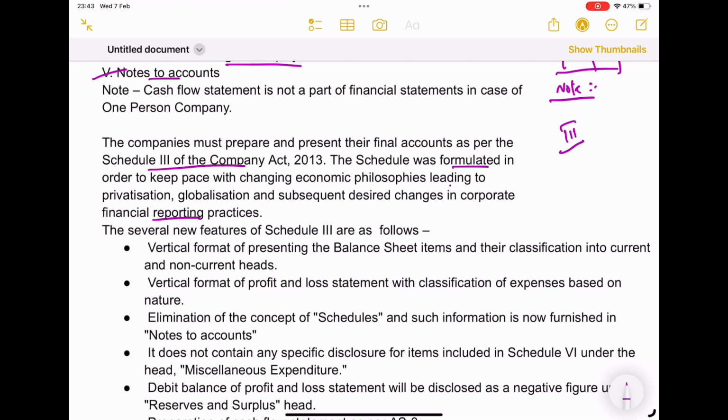Almost all possible payable, receivable, paid, received, 99% of the concepts of whole accounting which you learn from PUC till date, are included in the income statement. In such a dynamic way, this format has been formulated.